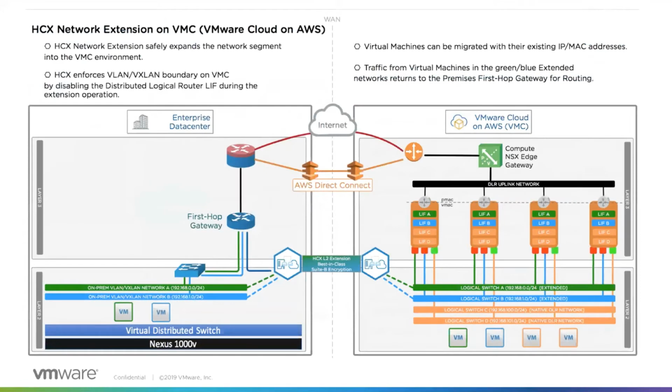So just to give you a brief overview of how the traffic will flow, as you can see there are two networks, green and blue. These two networks are stretched. Now, if there are any VMs which are residing on the target site, which is the one on the right, these VMs will still need to route their traffic through the gateway on the source site if proximity routing is not enabled.